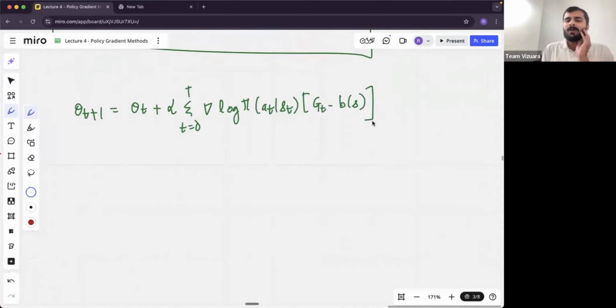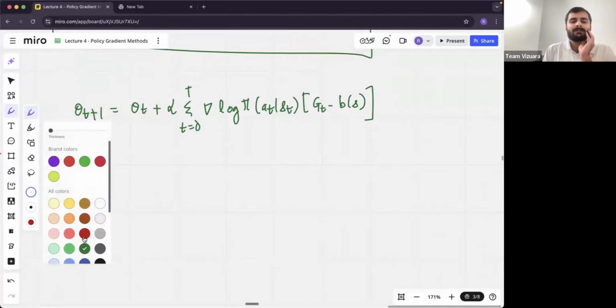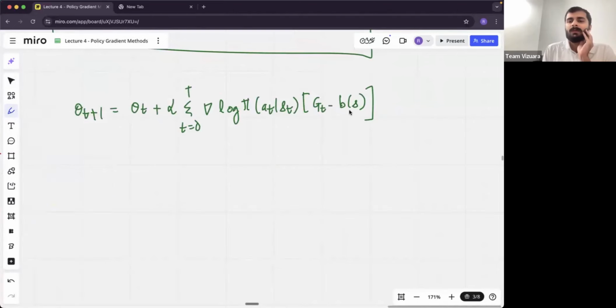Now, what people usually do is that this b of s is replaced with the value function as the baseline. And this is in fact an extremely common usage. You will see this in a lot of algorithms that we will look at later.